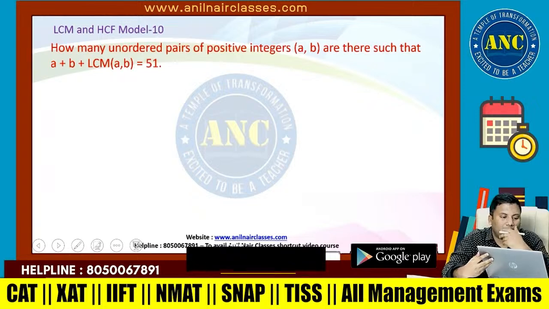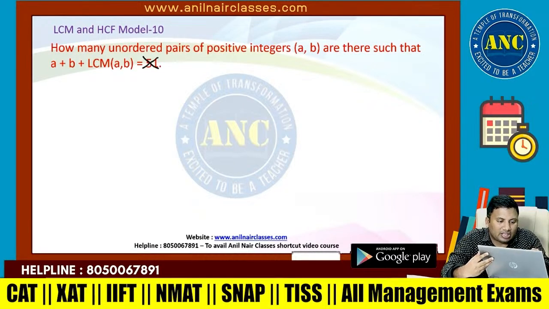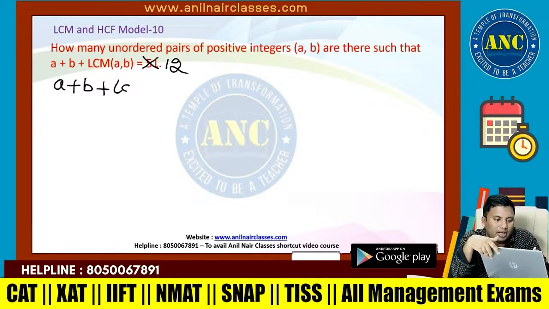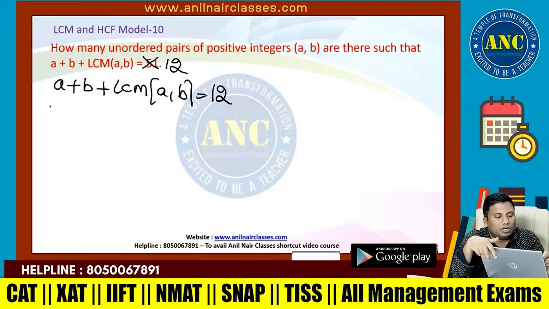A plus B plus LCM of A comma B equivalent to 12, taking a smaller number 12. A is Hx, B is Hy.